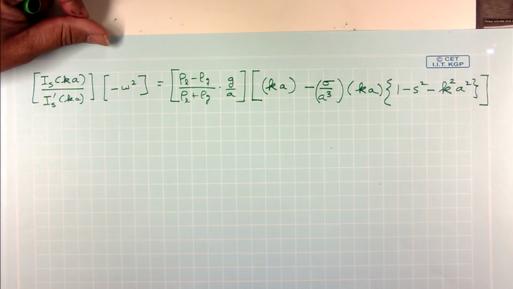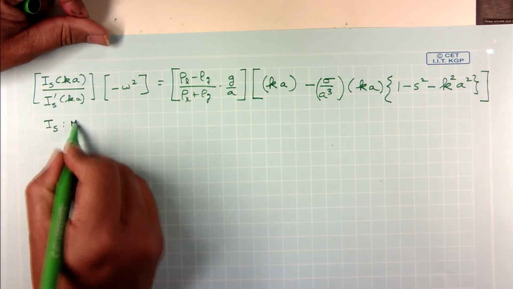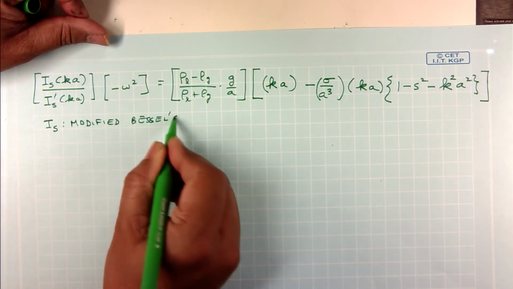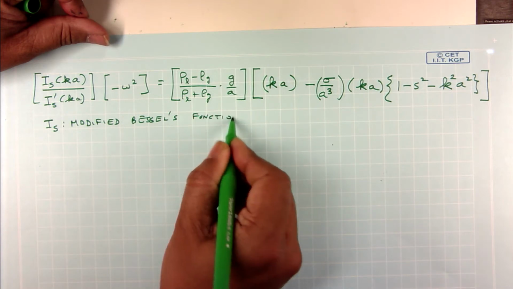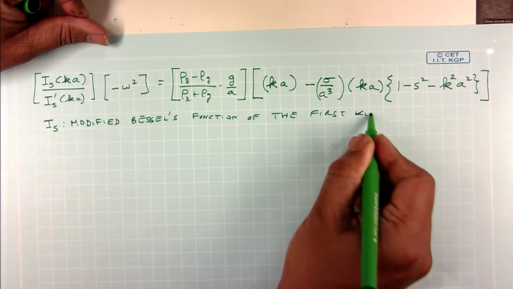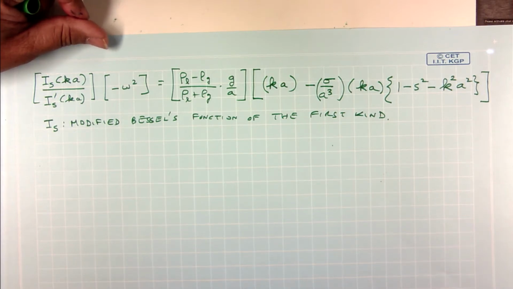So, this IS is known as the modified Bessel's function of the first kind. Okay, and just like you look up the sin x and cos x values in a table, you can look up these values. Okay, it is derived using the gamma function.